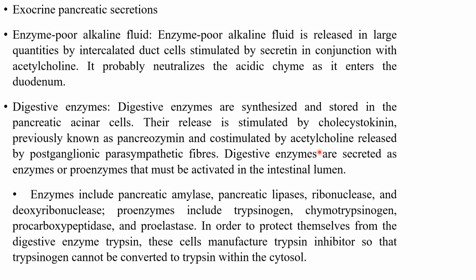Let us look into them one by one. The first secretion of the exocrine pancreas is enzyme poor alkaline fluid. This enzyme poor alkaline fluid is released in large quantities by intercalated duct cells, stimulated by secretin, a hormone, in conjunction with acetylcholine.